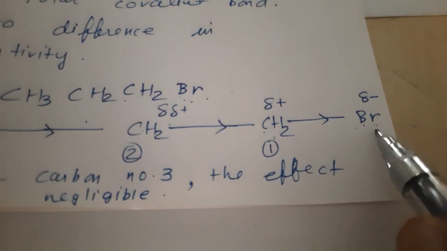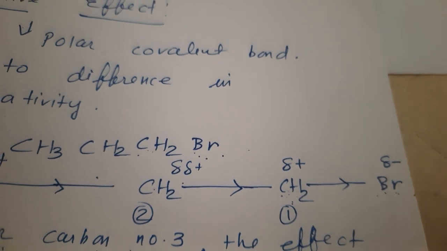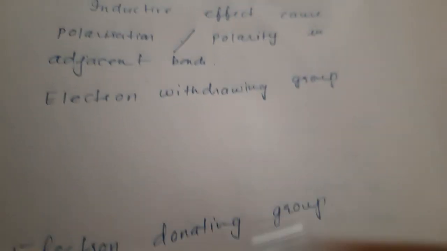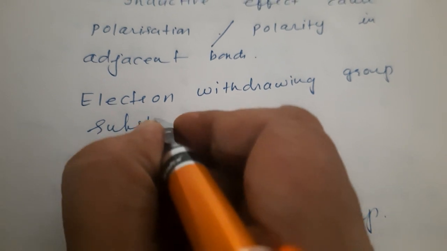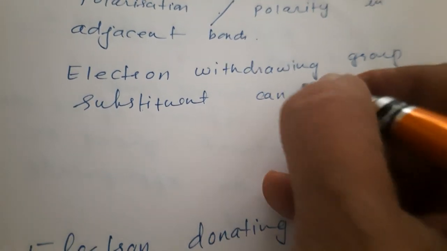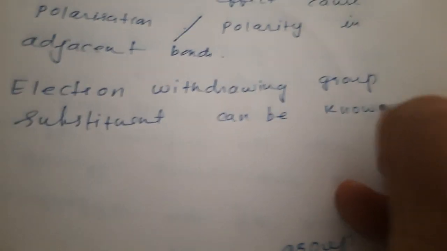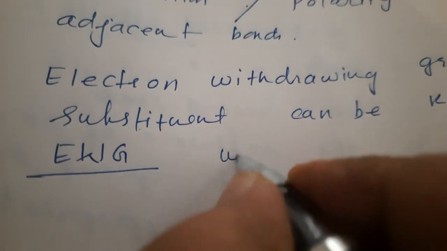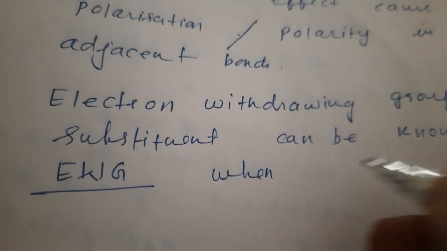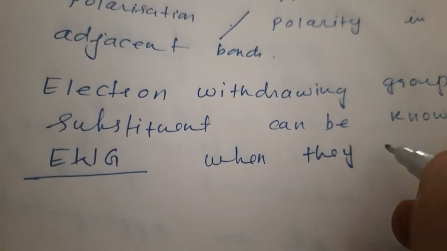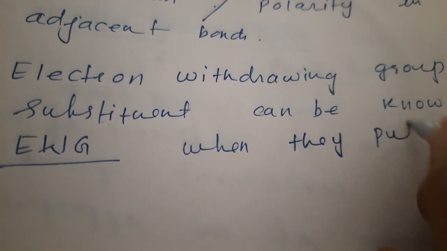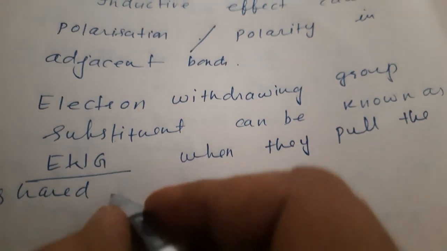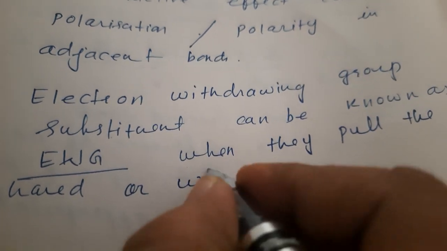The group or atom which pulls the electron pair towards itself is known as an electron withdrawing group, EWG, when it pulls the shared pair of electrons towards itself, or withdraws the electrons.